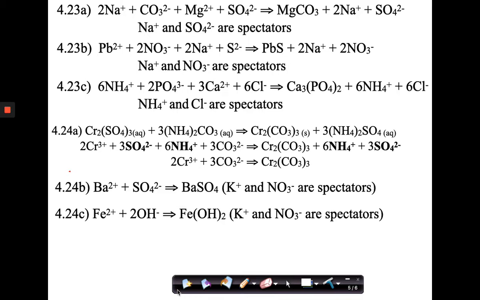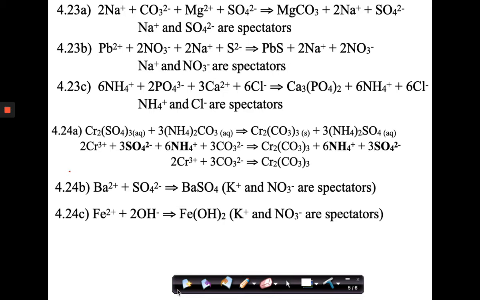You need to gather up a little corral, if you will, of ions that you know always dissolve in water. And if you have a little corral of ions that you know always dissolve in water, you now have a corral of what kind of ions? Spectators, right? So guys, if you've got that corral of soluble ions, you now know your spectators.